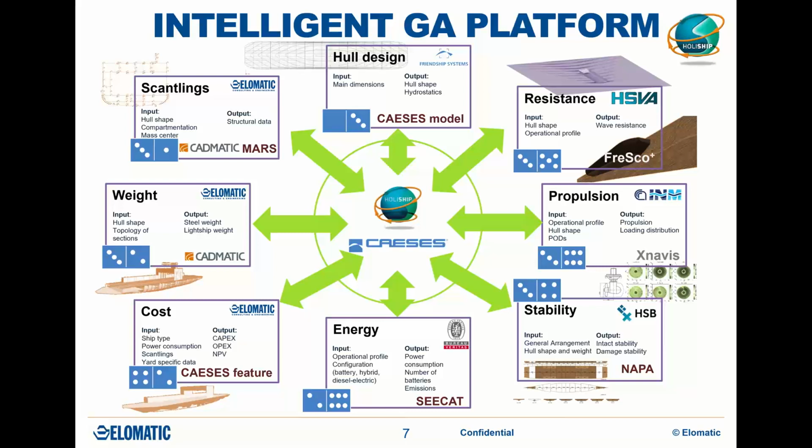This intelligent general arrangement platform was formed during the HoloShip project, and like Mattia said, its aim was to improve the traditional ship design spiral process, where the general arrangement, structural assessment, stability analysis, hydrodynamics analysis, and cost calculations are gone through step by step.